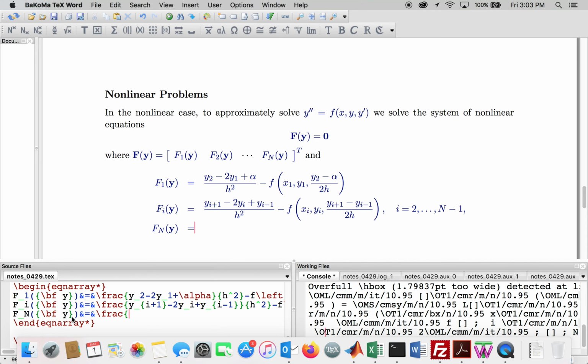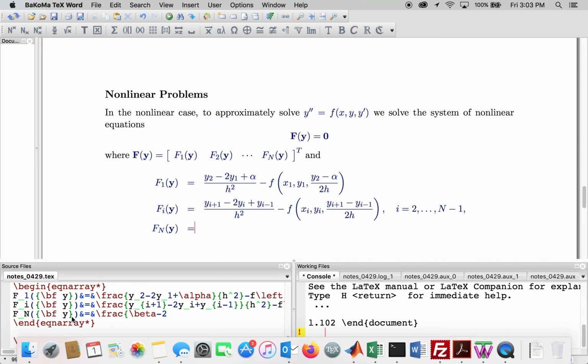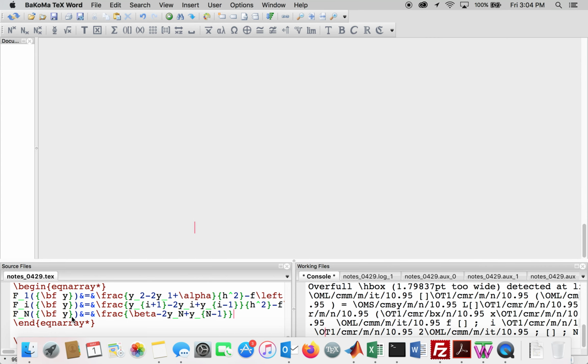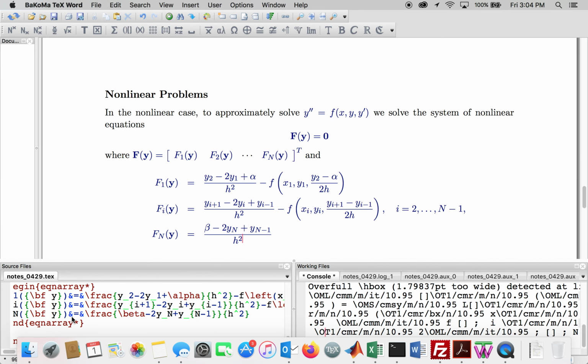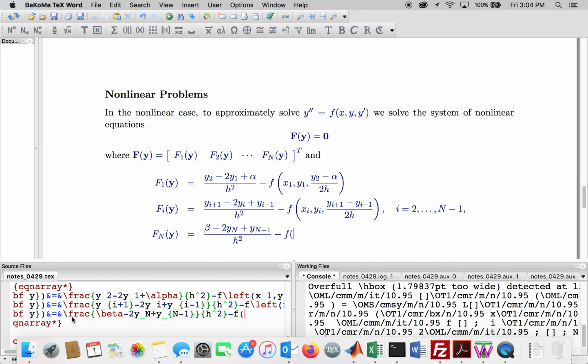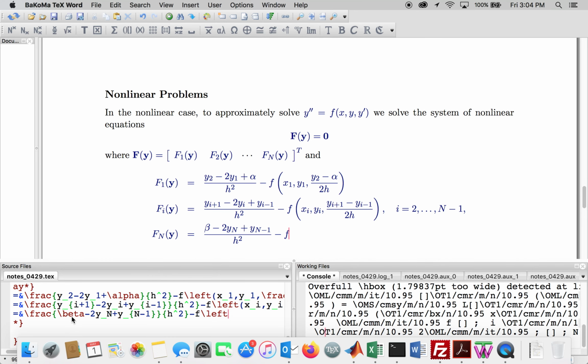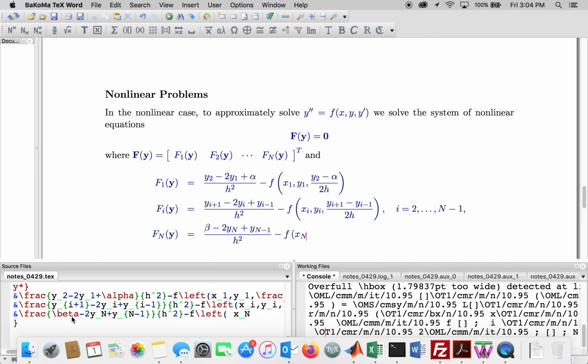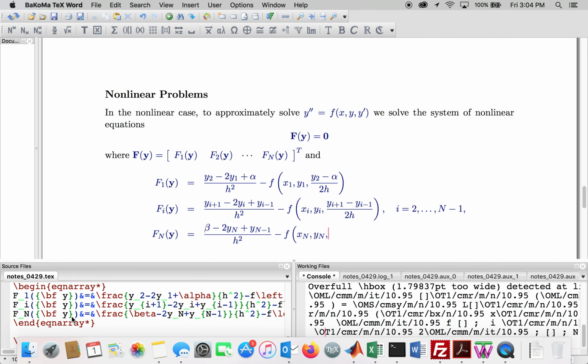So that would be yn plus 1, which would be beta from the second boundary condition, minus 2yn plus yn minus 1, minus f of xn yn, and then the second center difference for the first derivative.